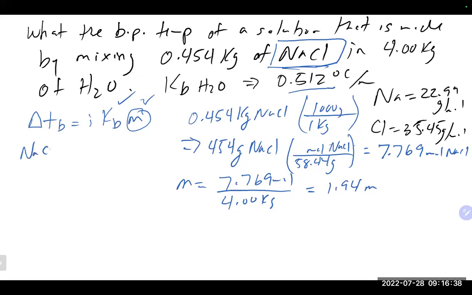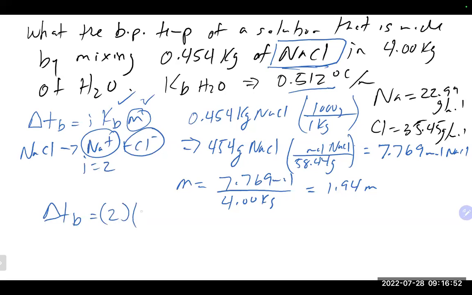And obviously, as we've seen a number of times up to this point, that is going to give us an i value of 2 because it will break apart into 2 particles. That means the change in the boiling point temperature here would be 2 times our 0.512 degrees Celsius per molal, which is our Kb value for water, times our 1.94 molality, which cancels.